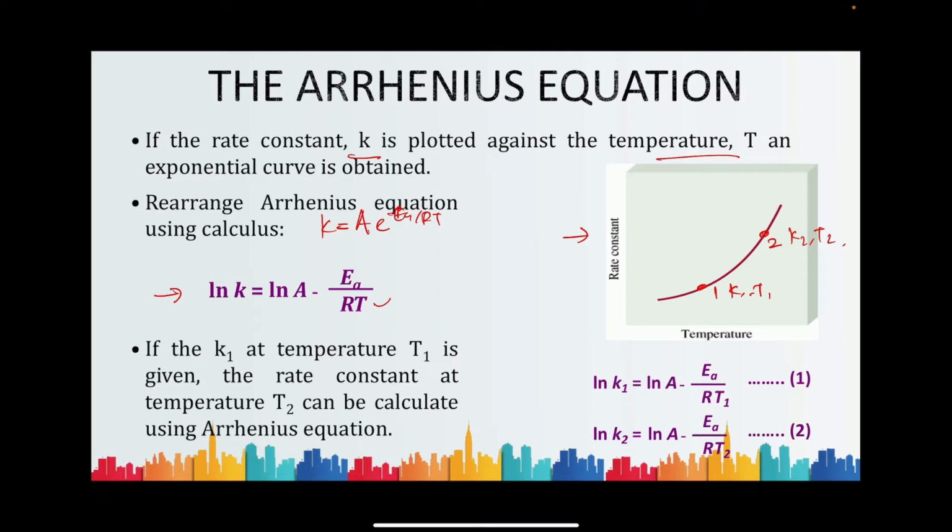Then using k1, T1, k2, T2, you substitute into the equation, and you will get equation 1, which refers to k1 and T1, and equation 2, which refers to k2 and T2.